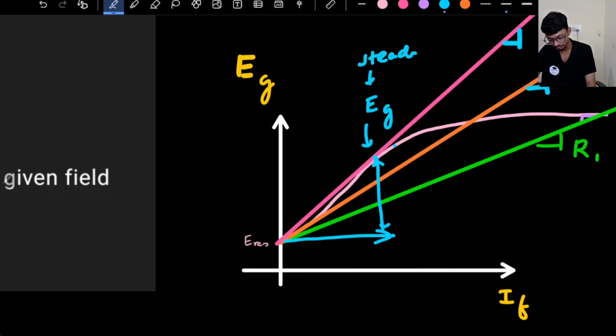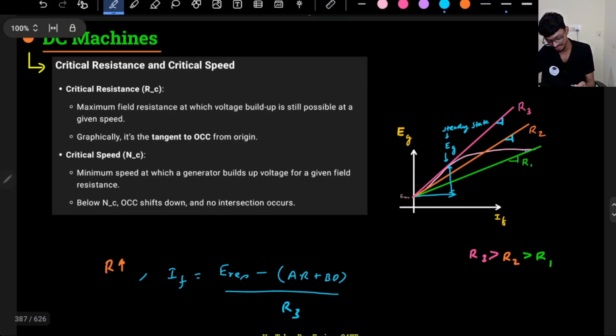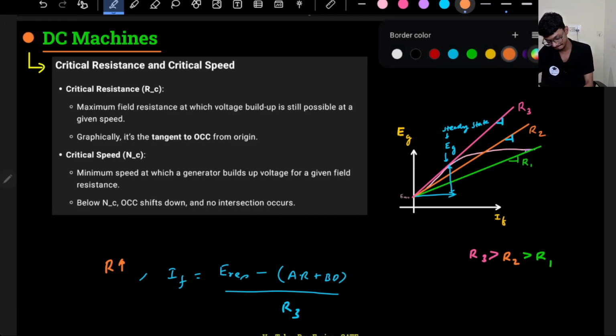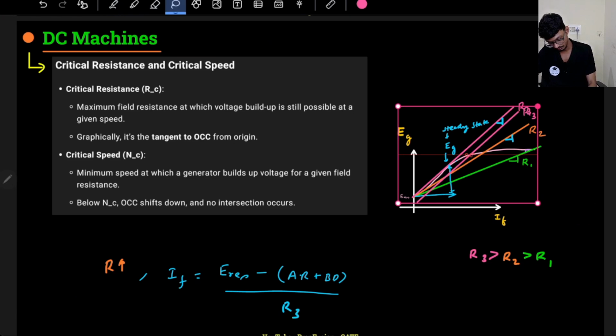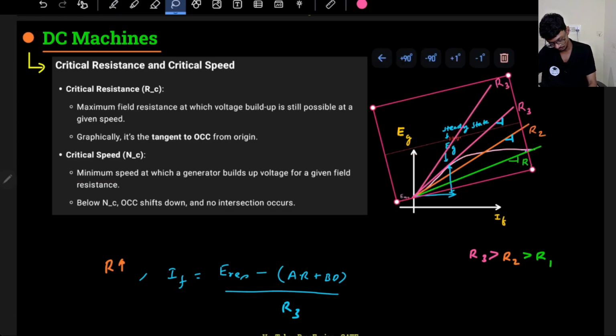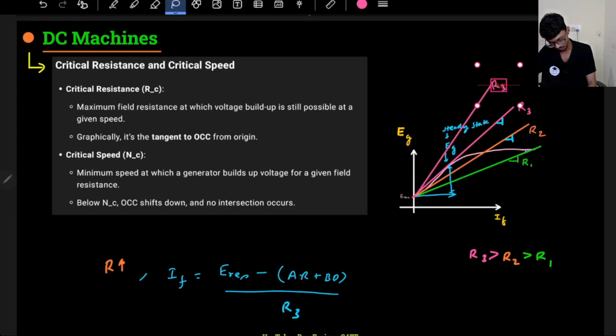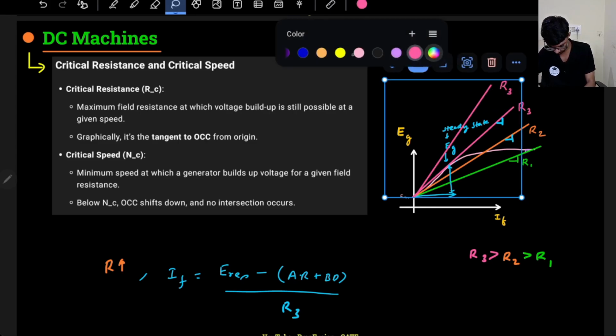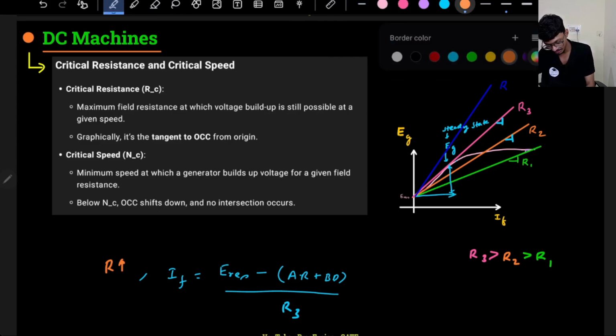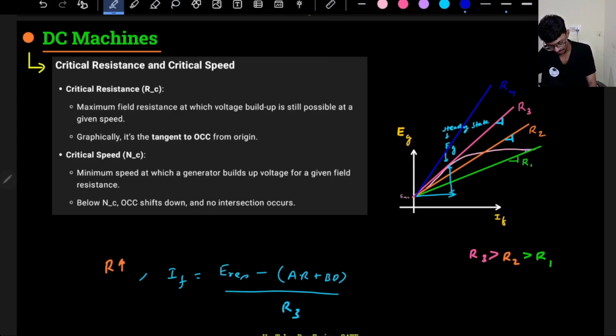Now what if my slope increases further? What if it is R4? Let's say R4 is higher than everything.